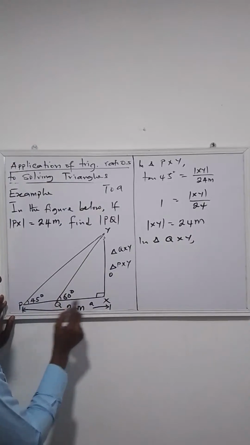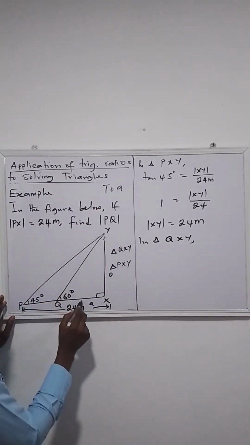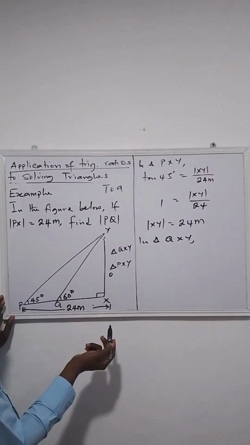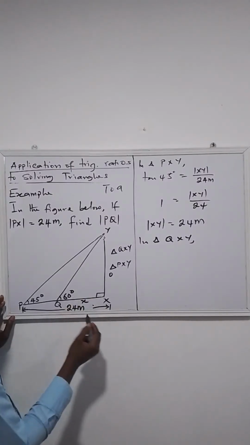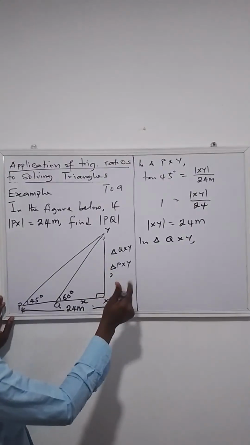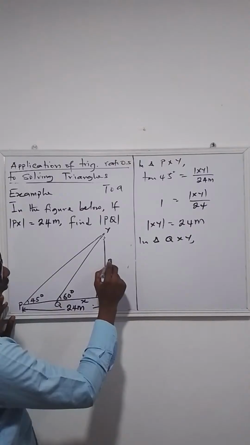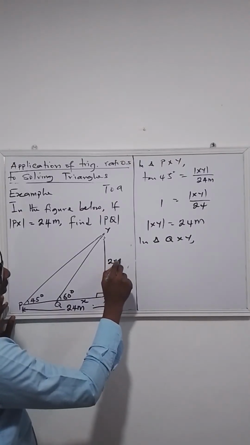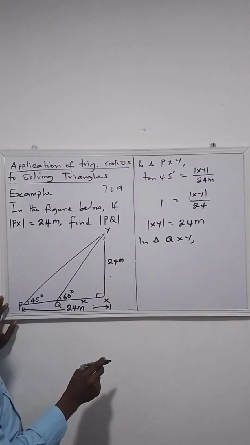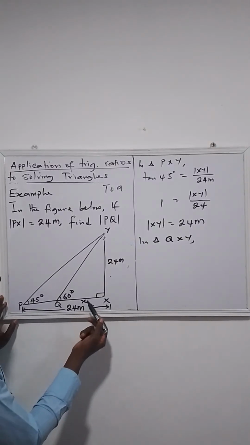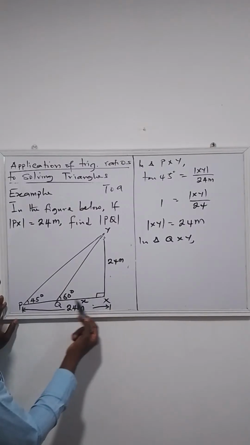So in triangle QXY, the adjacent is what I don't know, and I want to get that. Let me label it X, and the opposite, this side, has been known: 24 meters. So now we want to get this place, because this is not known.